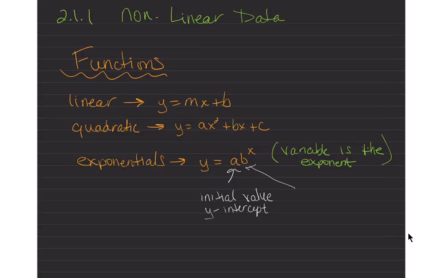And then our b, we call it the multiplier because we're multiplying. This is going to tell me if it's a growth or a decay. We'll get into more examples on that, but ultimately if that b is greater than 1, it's going to be a growth, and if it's less than 1, it's going to be a decay.